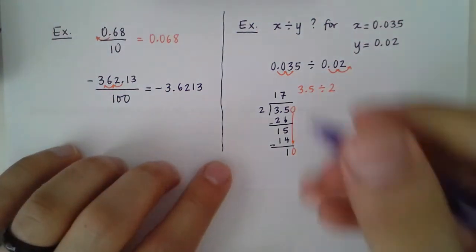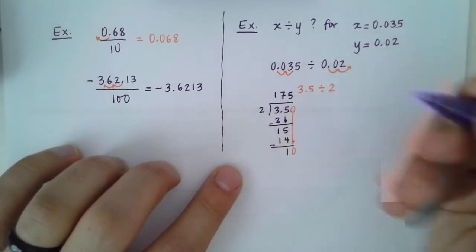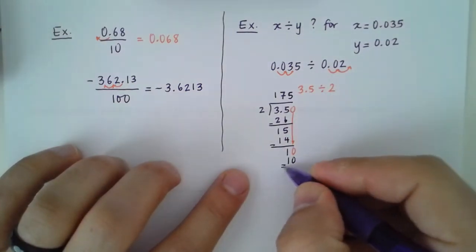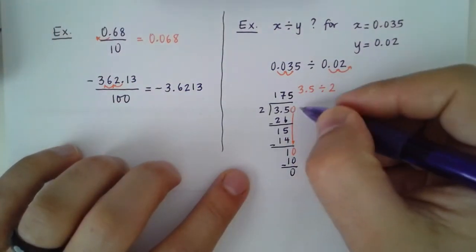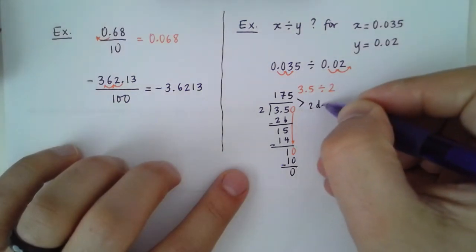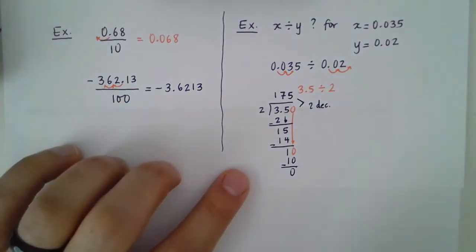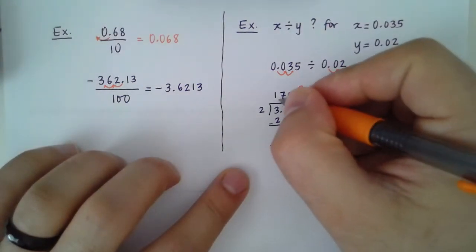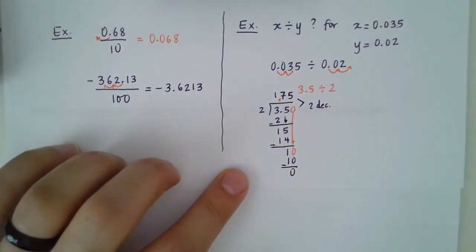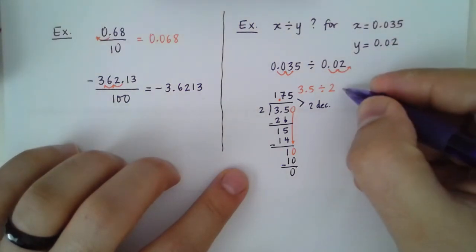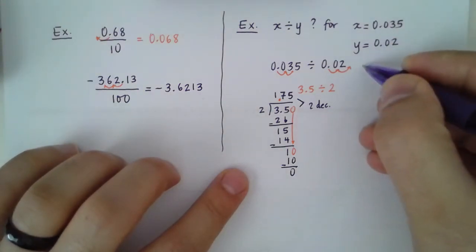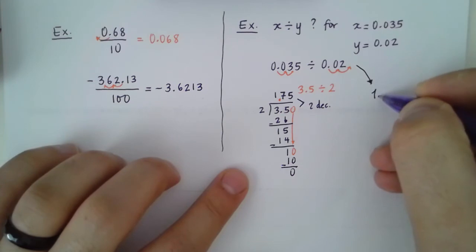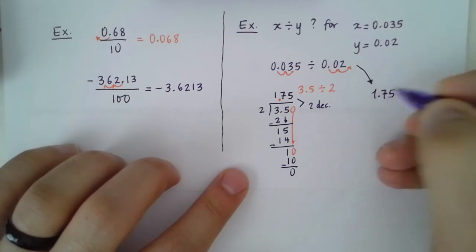So 2 goes into 10 5 times, 10, so we got 0. You have 2 decimal places now, so it's going to be 1.75. So this division is equal to 1.75. That's how we do that division.